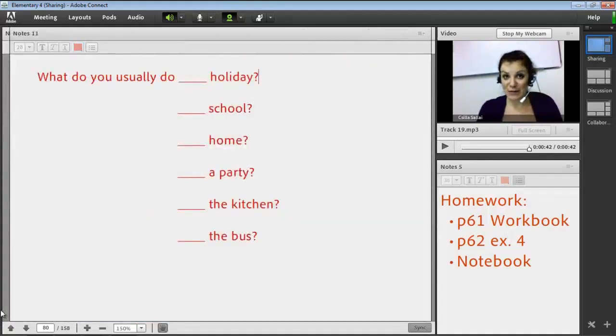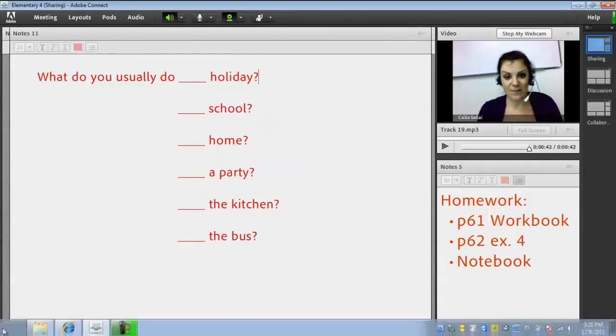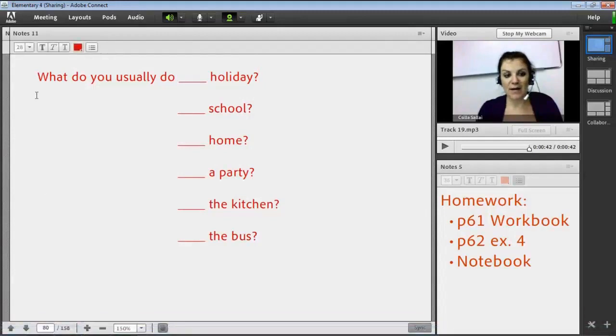I promised you last time that we were going to write a short test with the prepositions. So now I want you to open your notebook and copy what you can see on the screen. These are questions. The reason why I didn't write the beginning of these questions is because they all begin with, what do you usually do?